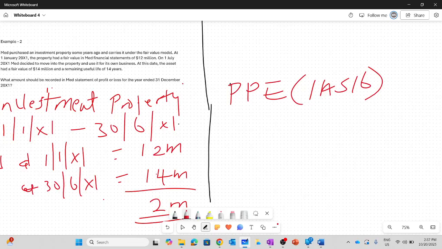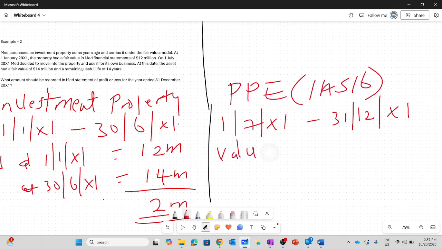The date of transfer is the 1st of July 20X1, to the 31st of December 20X1. Very simple. The value of the asset at 1st July X1 equals 14M.